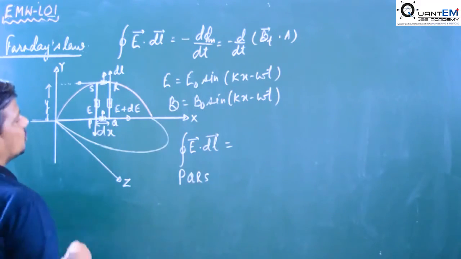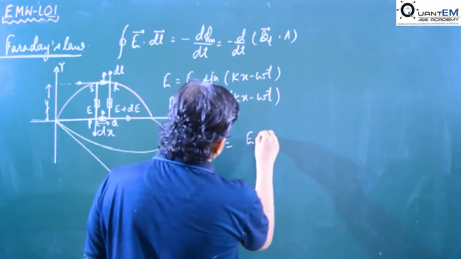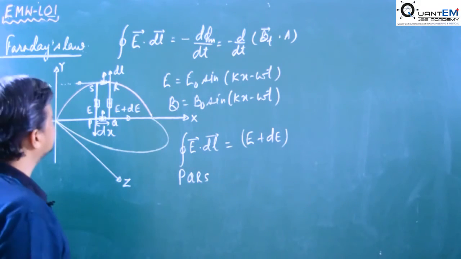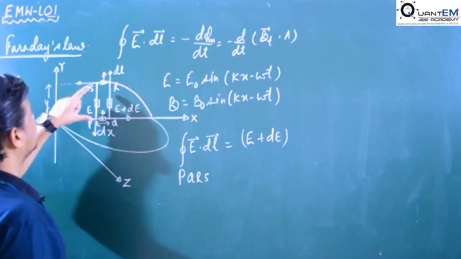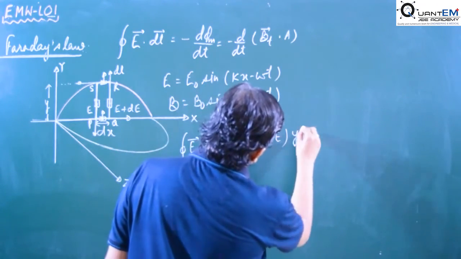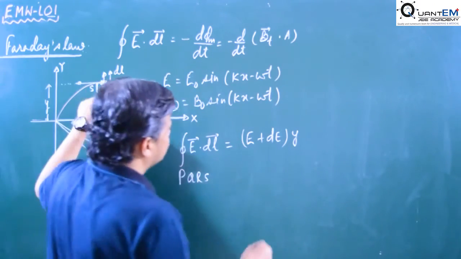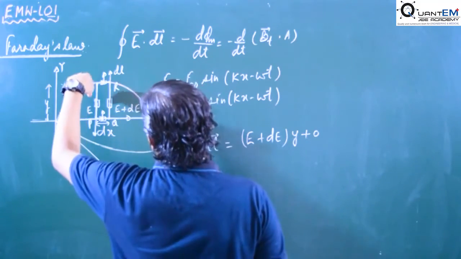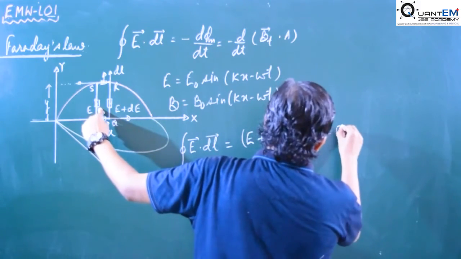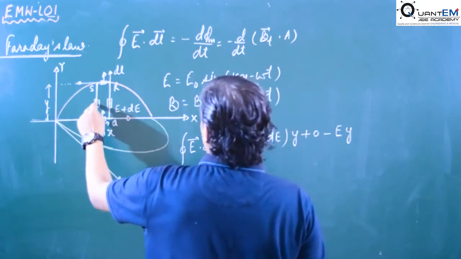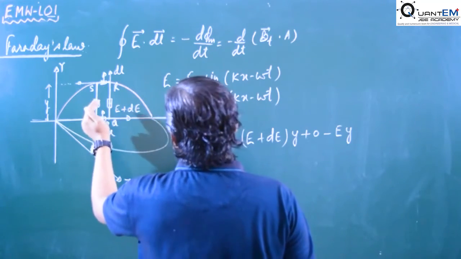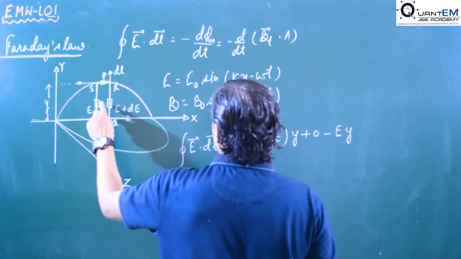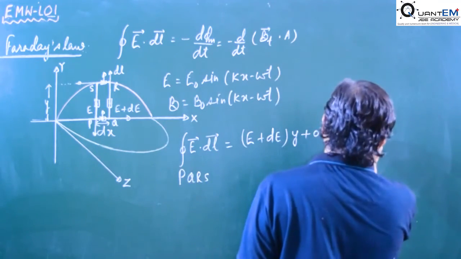For the arm with E plus dE, the field and dl are in the same direction, along the y coordinate. So it is (E plus dE) into the integral of dl, which is y. Plus 0 for the perpendicular arm, because the electric field and dl element are perpendicular. Here the electric field is up and dl is down, so it is minus E into y. The electric field at this point is E; since it changes with position, after distance dx we take E plus dE. And for element PQ also the electric field and dl are perpendicular, so it is 0.